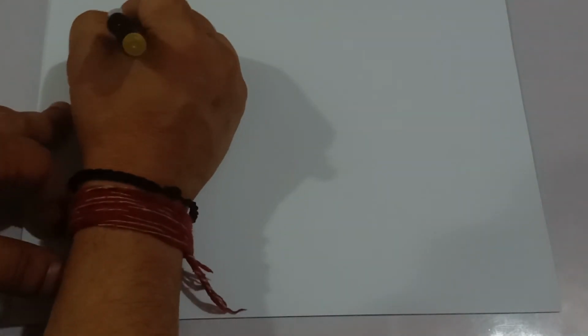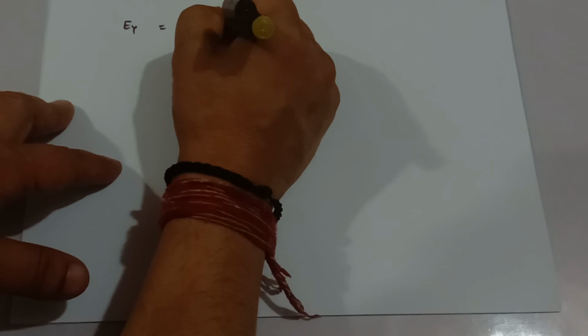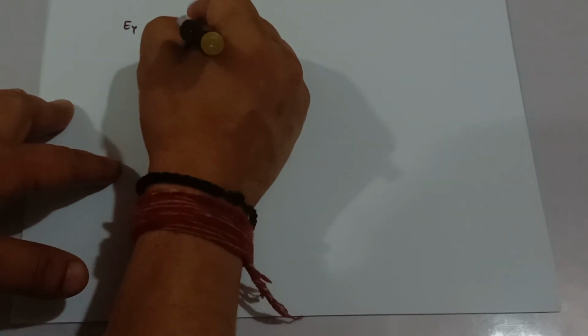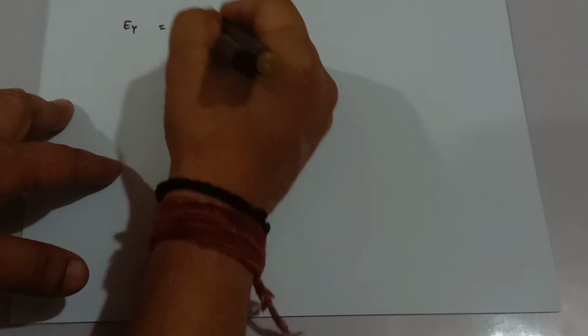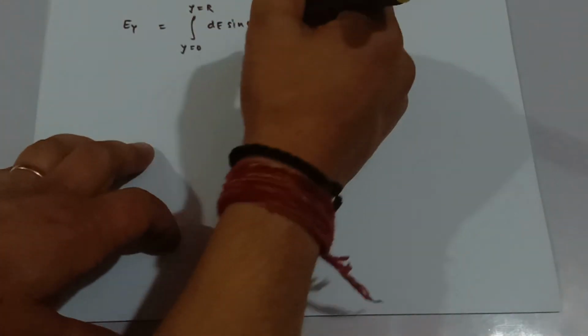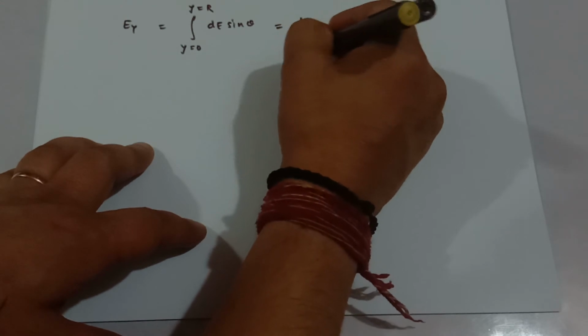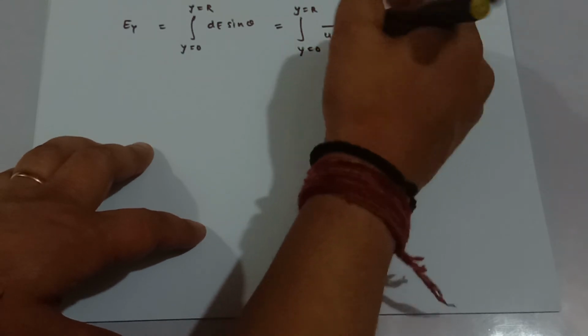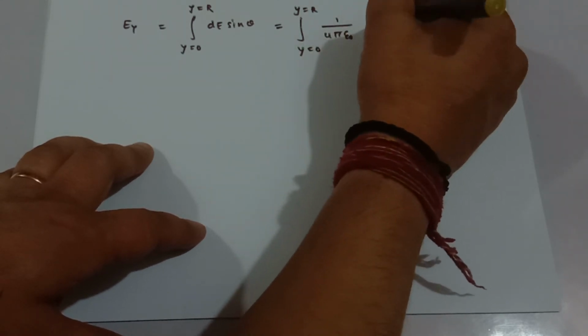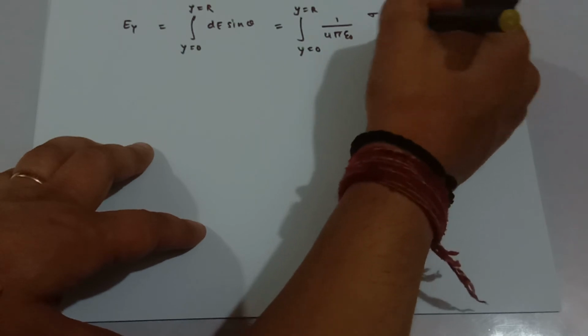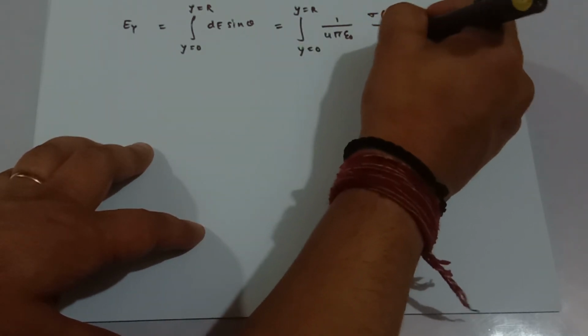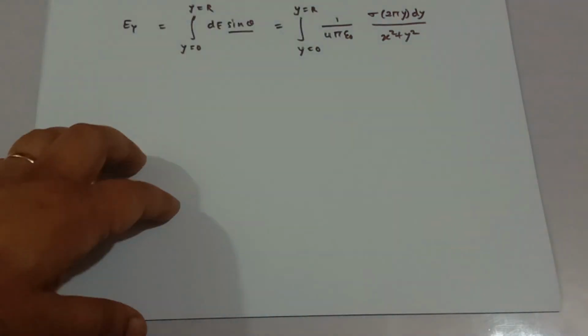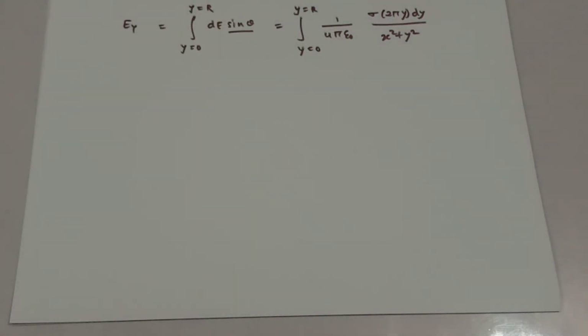So along the y-axis we know that the electric field was dE into sine theta, and again y was going from 0 to capital R. Now you really need to calculate what this electric field becomes. So that would become y equal to 0 to y equal to R, and that was 1 by 4 pi epsilon naught, and that was q, which was sigma 2 pi y dy, divided by x square plus y square, which is r square, and sine theta is basically perpendicular by hypotenuse.